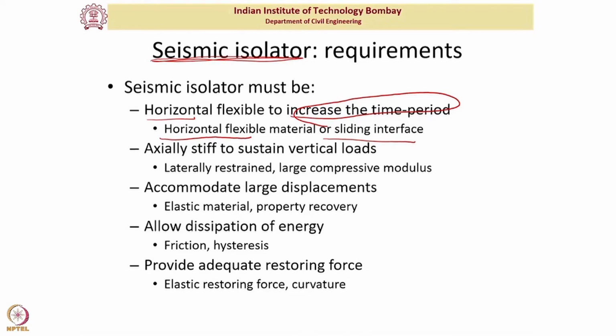Now it needs to be horizontally flexible, but at the same time it needs to be vertically stiff, because your whole structure is still there, right? So even when it is moving flexibly in the horizontal direction, at every point it would still need to sustain the vertical load, isn't it? So it needs to be stiff.